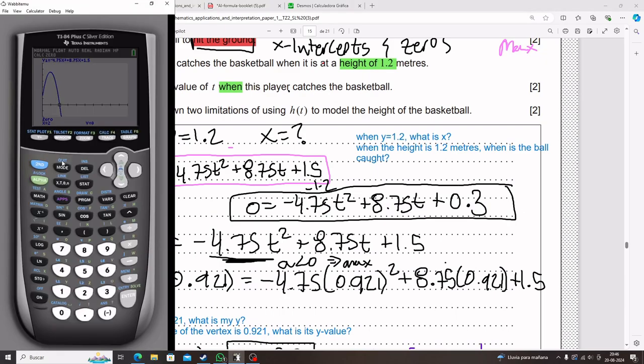But all I really need to do now is go back to y equals, I can probably just change this to 0.3. That'll work. And then graph it. See?